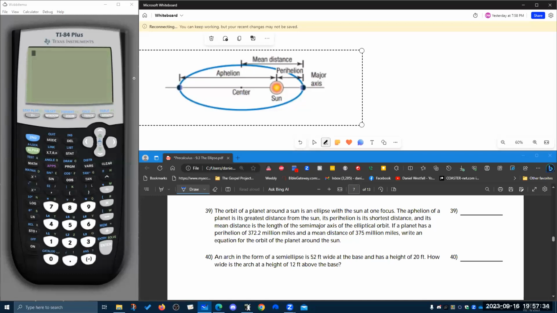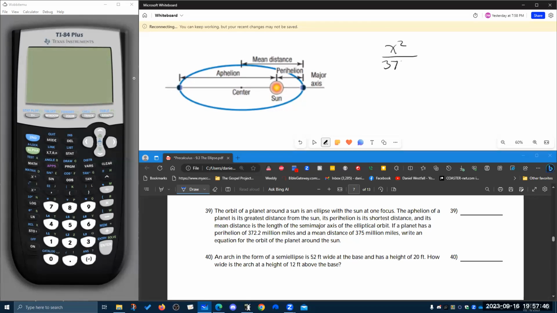So where it says 375 million miles, I'm just going to use 375. So we have x squared over 375 squared plus y squared over something that we're trying to solve for is equal to 1.